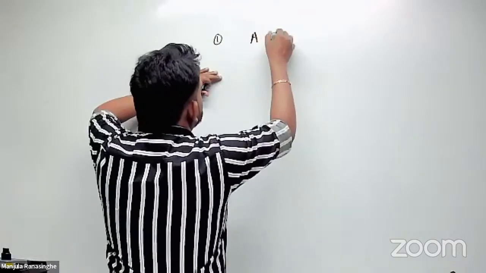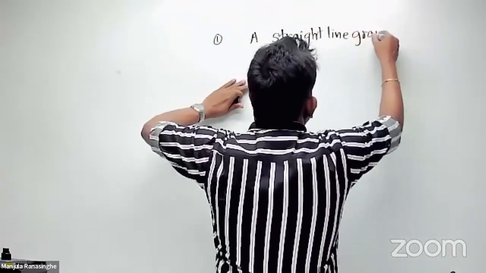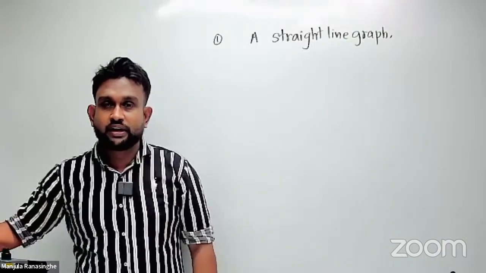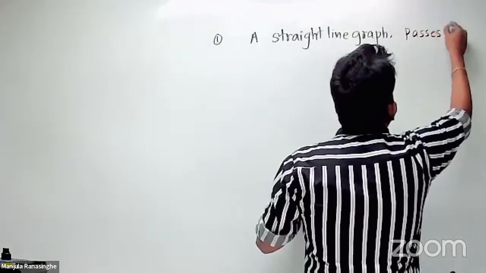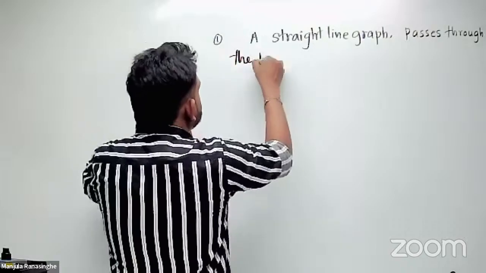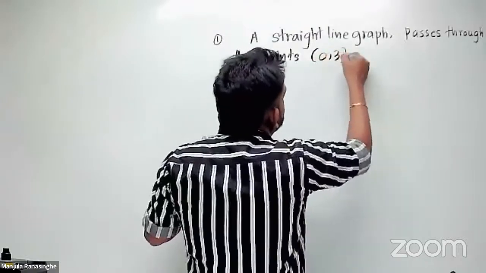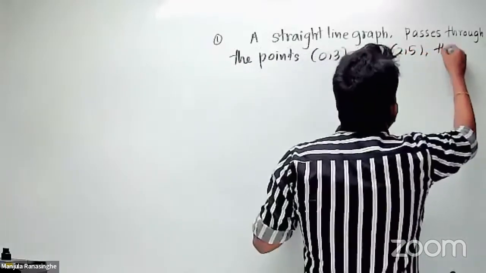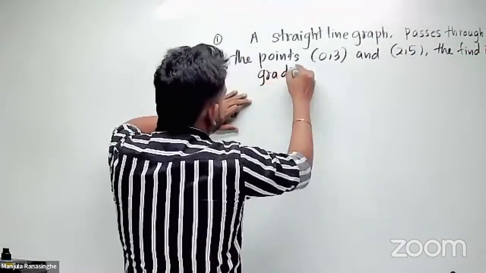A straight line graph passes through the points 0, 3 and 2, 5. Then find its gradient. First question.